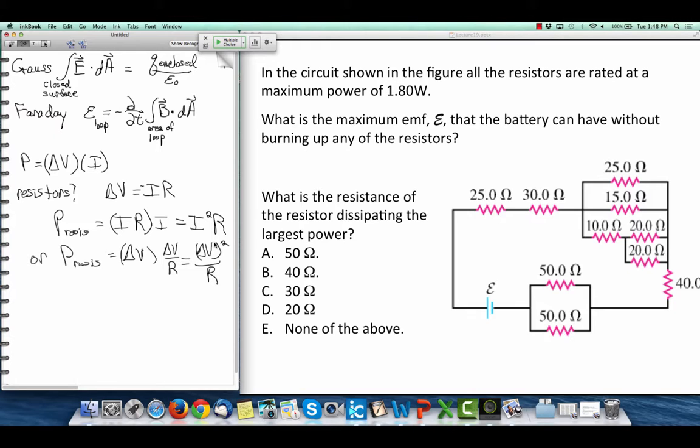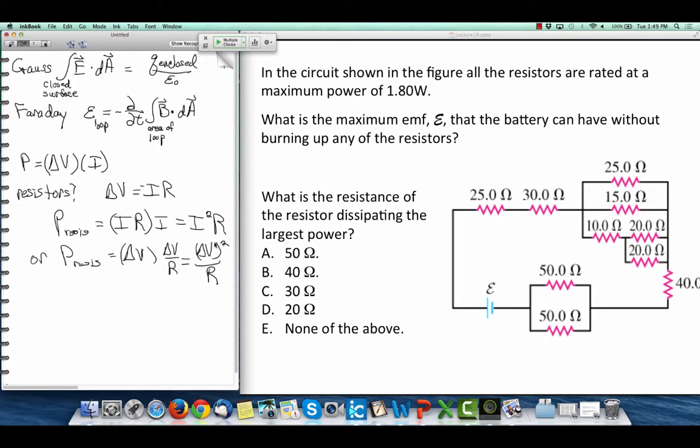So the issue is there's this complicated circuit, and you know how to solve complicated circuits. You start writing down Kirchhoff's laws. This circuit is a mess. This is going to take you a long time, writing down Kirchhoff's laws or writing equivalent resistances, which is probably the way you would do this one.